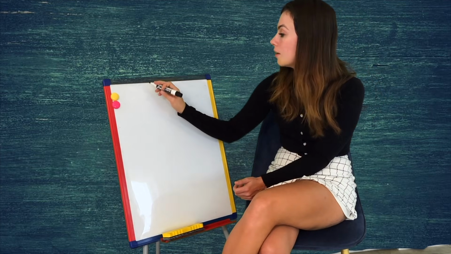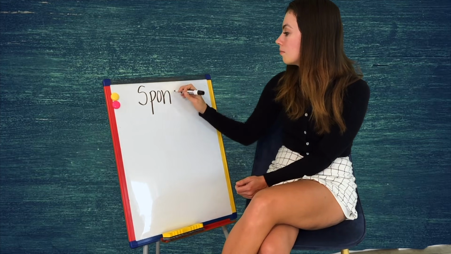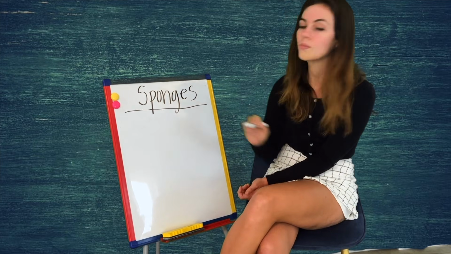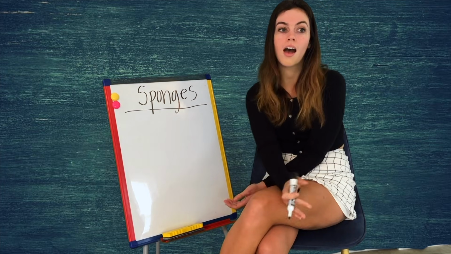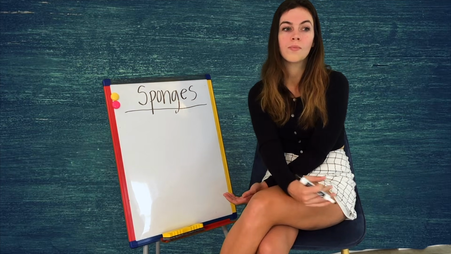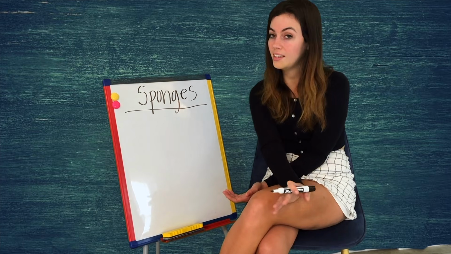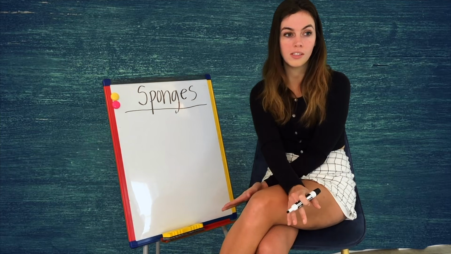So, first one we're going to talk about today is sponges. So, this is kind of the simplest of all animals. Their bodies consist of 2 layers of cells without any tissues or organs. There's 10,000 species and they all live in water.